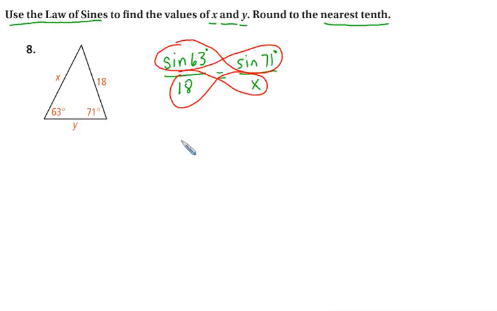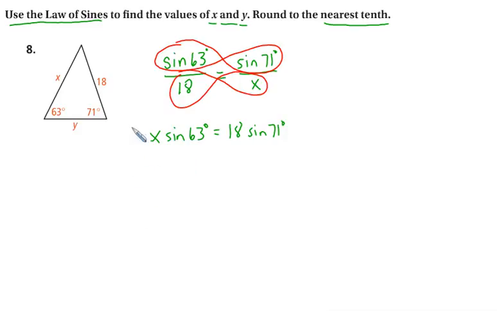So that's going to give me x sine of 63. Remember, I'm putting that length in the front, equals 18 times sine of 71.